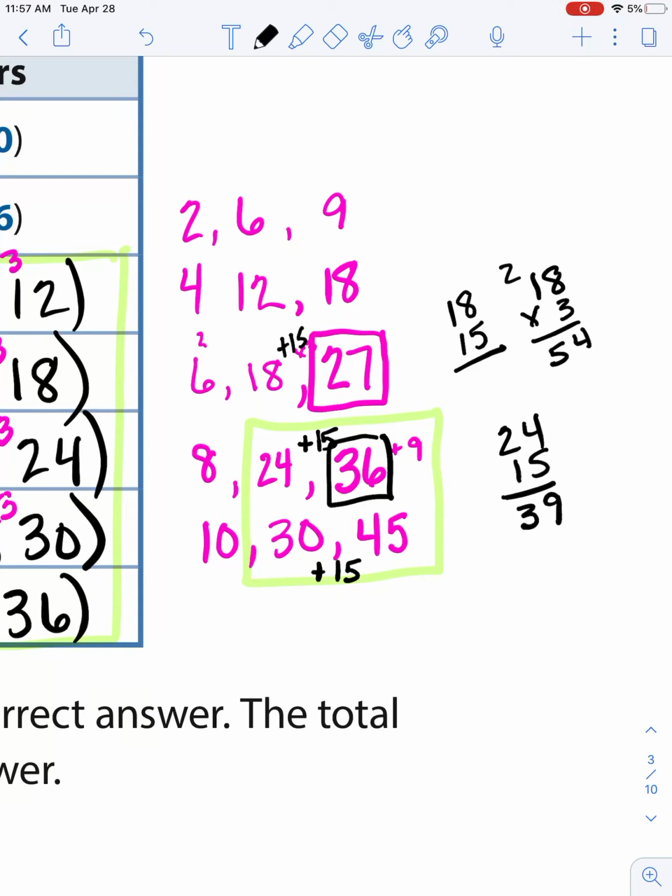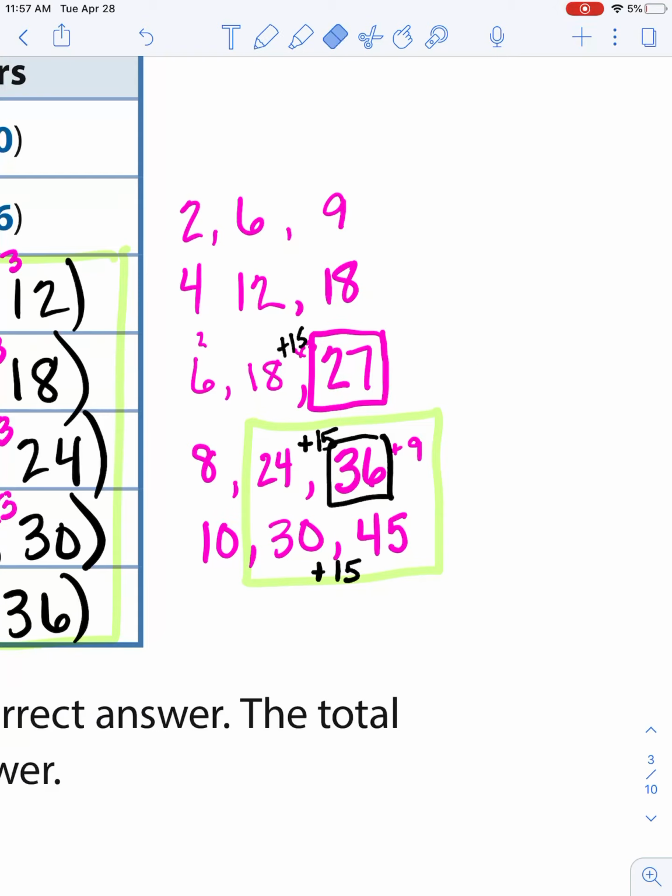Nope, that's not it. But there's something that it seems to have in common with those 3's, right? This one right here is 9 times 4. 9 times 3, 9 times 2, 9 times 1.